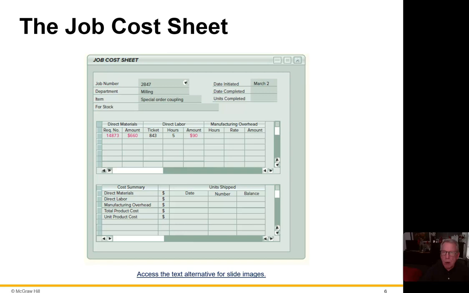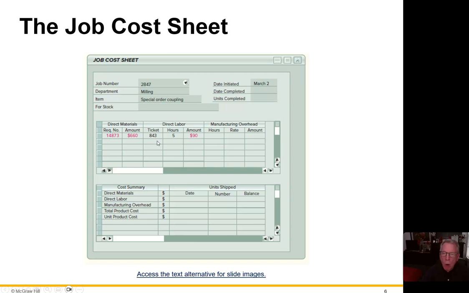So here is a job cost sheet. As you can see, we're going to be making a special order coupling here, and the department is the milling department. The direct materials, we've moved in from raw materials inventory into work in process inventory here, to the tune of $666.